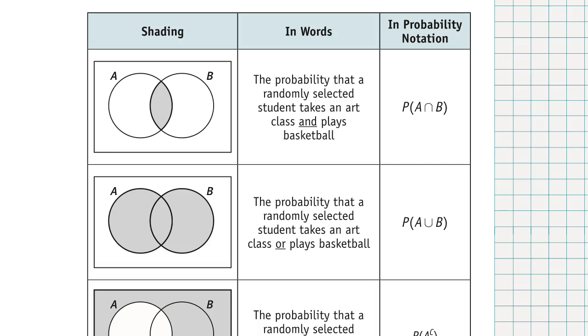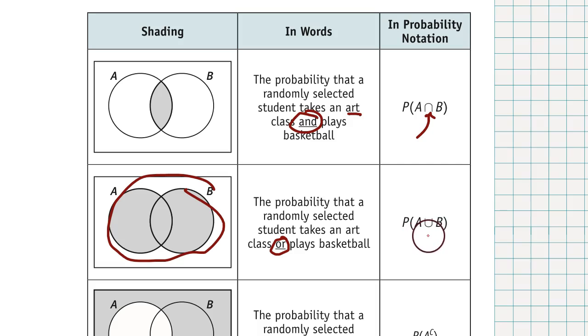On the next page, this vocabulary is summarized. So the intersection of two sets is the situation where the student has art class and plays basketball. The symbol for that uses this upside down U. Counting everything in the circles is the situation where the student takes art or plays basketball.